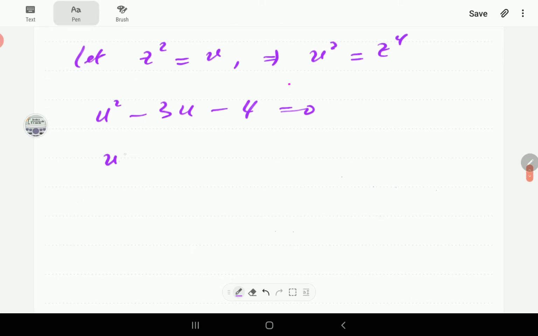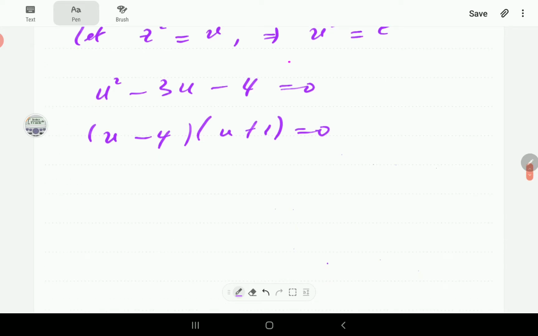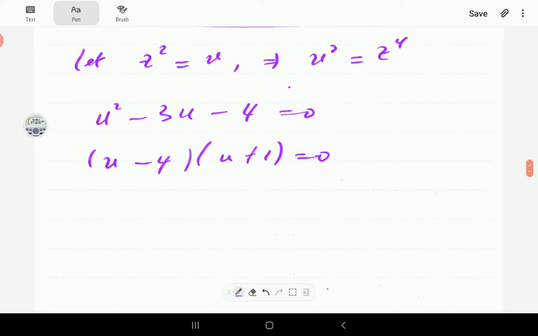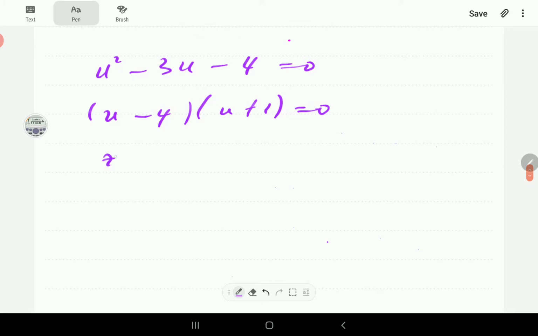This now we can factorize. It is going to be u minus 4 times u plus 1. And if we recall that u is z squared, we can write this as z squared minus 4 times z squared plus 1.